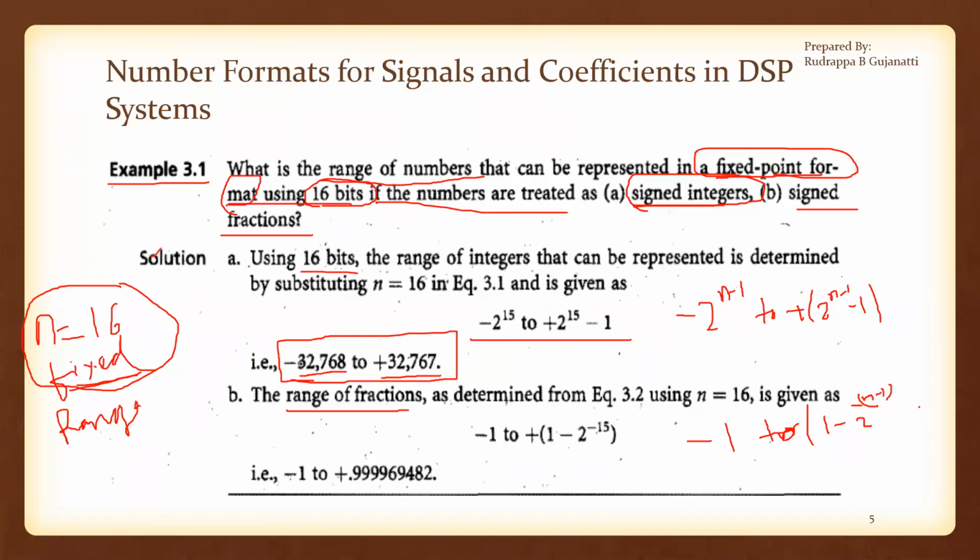When I substitute n is equal to 16 and solve it, I'll be able to represent numbers from minus 1 to plus 0.99969485. So this is the range of the numbers I'll be able to represent in the case of signed integers and signed fractions.